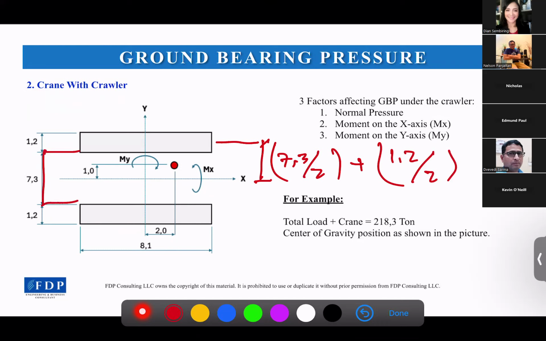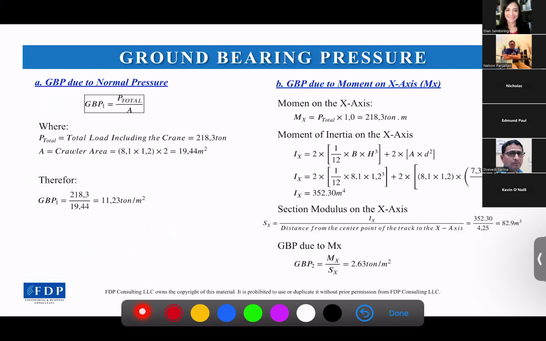We use this formula, so we got 4.25 for the distance, and for the section modulus on the x-axis, we get 82.9 cubic meters.